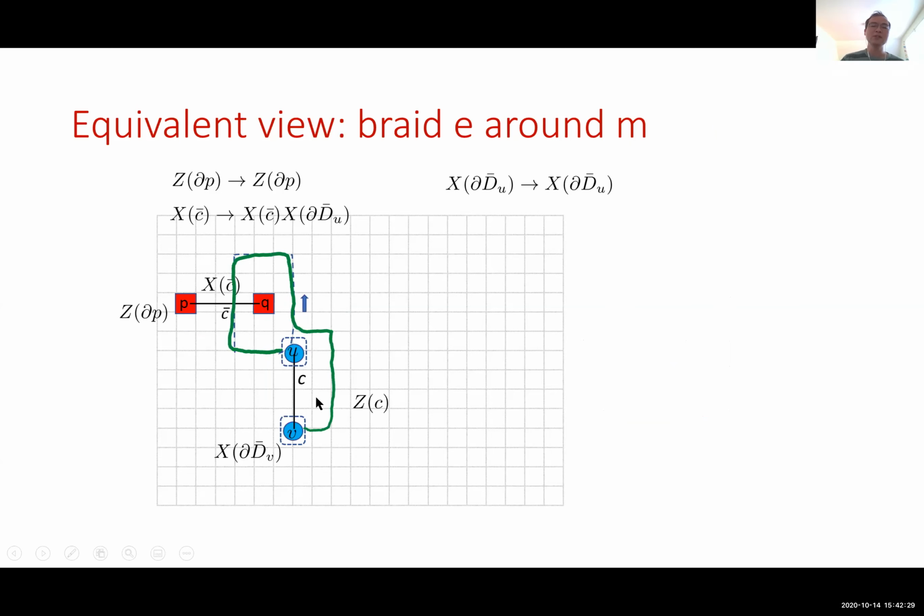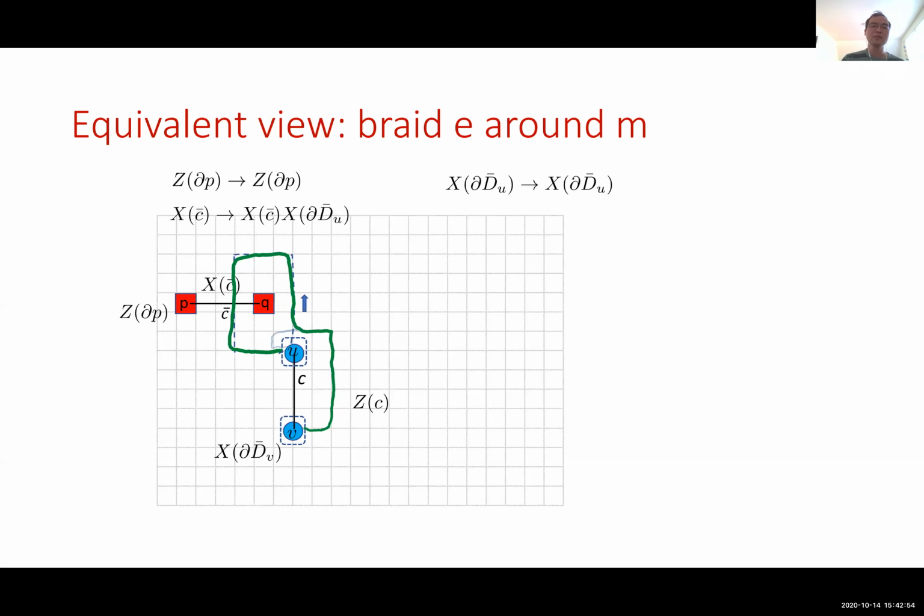In a sense, this logical operator, which is a Z operator, is a product of Z on a string that is moved around. When you move this guy to here, the string deforms to here. When you move and return, the string deforms this way. The string is a Z string that deforms like this.